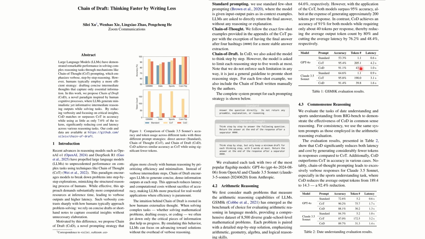But the key thing here is the token usage drops massively. And that means lower cost and lower latency. So what does this mean in practice? Chain of thought is great when you want detailed explanation, for example, documentation or visible reasoning. Chain of draft is great when you want speed, efficiency, and lower cost without writing a long explanation every time. So the simplest way to remember it is: chain of thought, detailed reasoning; chain of draft, compressed reasoning.